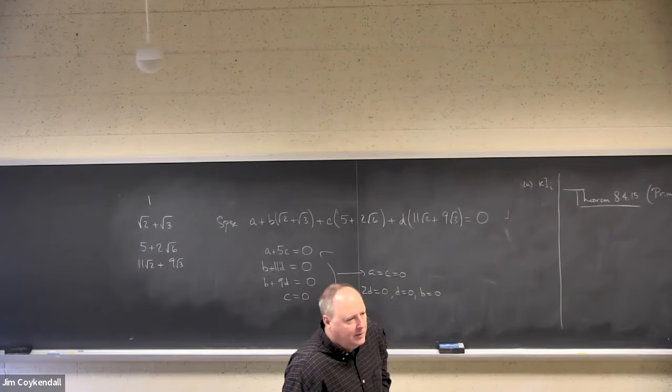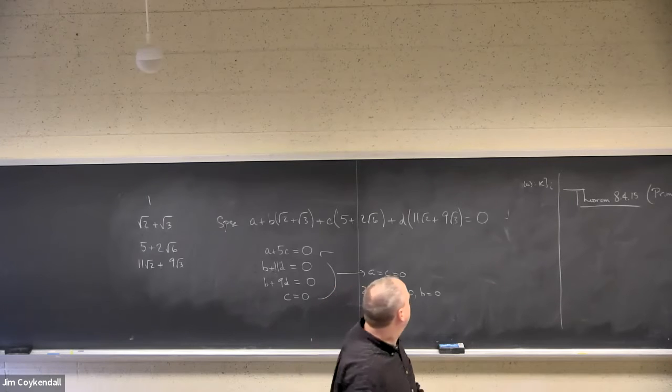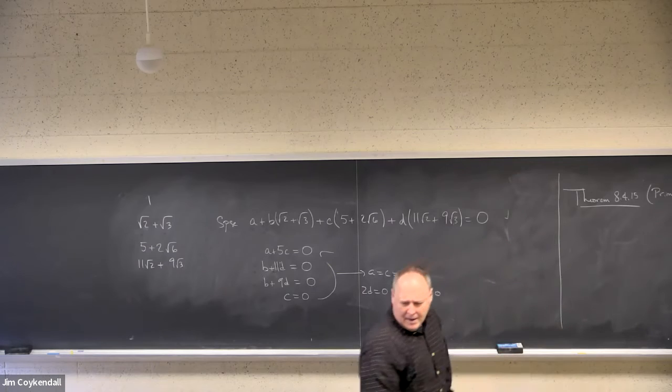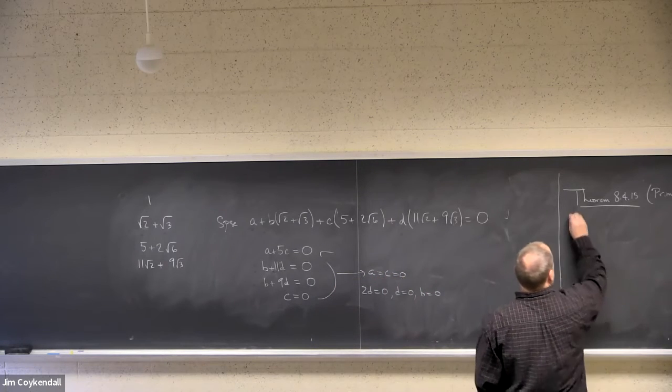And you can do this an amazing number of times. In fact, in characteristic 0, you can go bananas over it. So let me be precise here. Let F over K be a finite extension.